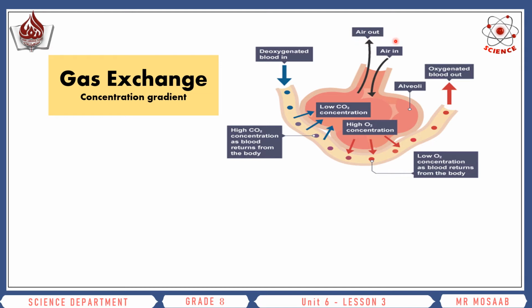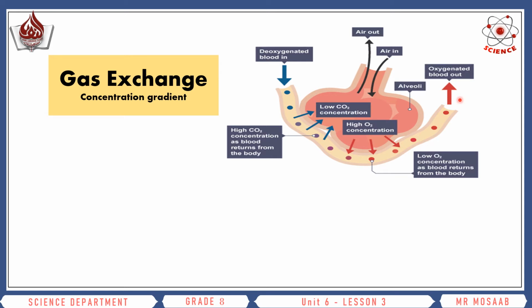At the same time, there is air in, which is a high concentration of oxygen, and it diffuses out of the alveolus into the bloodstream, which has a low concentration of oxygen. So the blood becomes oxygenated blood and goes out from the lungs to the heart.